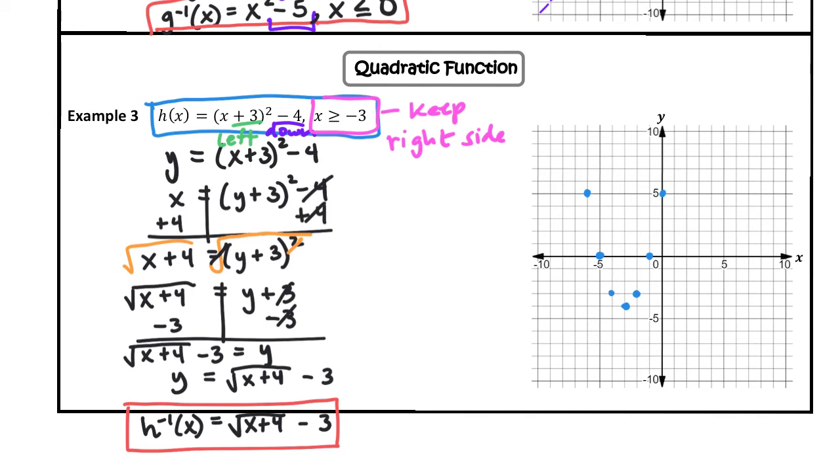So let me actually connect the points. Something like that. Okay, so I'm going to keep the right side, and so I'm going to erase everything on the left. And then I'm going to draw the diagonal line. But let me zoom in again.